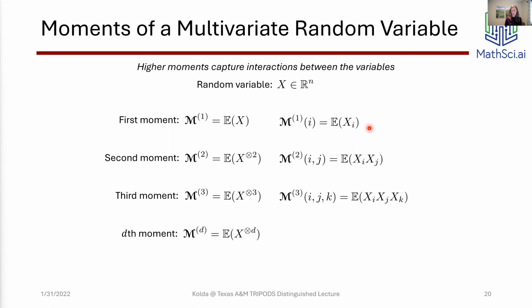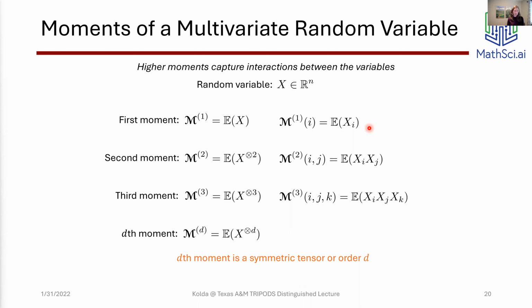And then you can go to any arbitrary order, and these are always symmetric tensors of order d. Those are moments. They get used fairly often, especially in univariate statistics. You don't see them as often in higher order because they are expensive to work with.